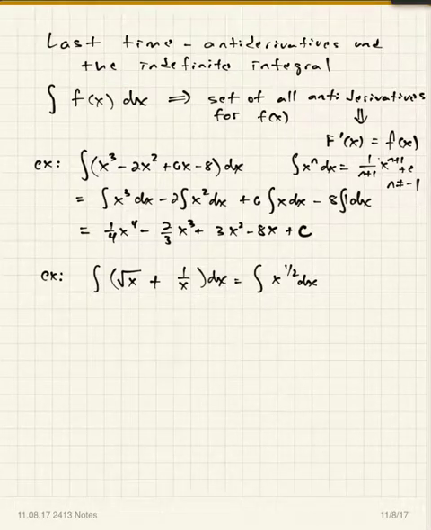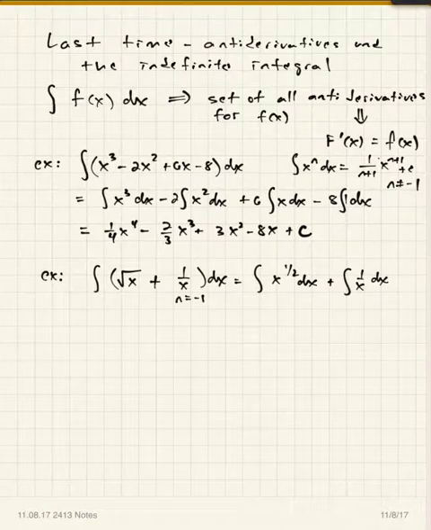And so this second term, this 1 over x, that's when n is -1. That's the one power where the power rule does not extend to, right? You have x to the -1 in that last term. And so we just leave that one alone and leave it as 1 over x. And we're ready to write the antiderivative down for that.